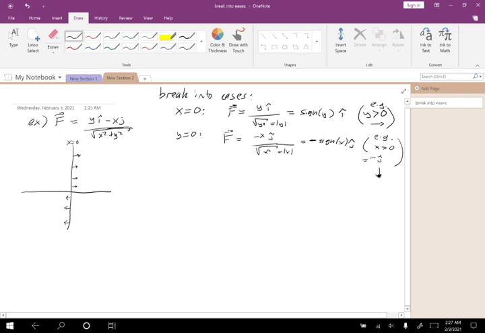Now, if y equals 0 and x is positive, we know it points down. And if we go for x less than 0, then we switch the direction to up. And notice how it's all constant lengths.